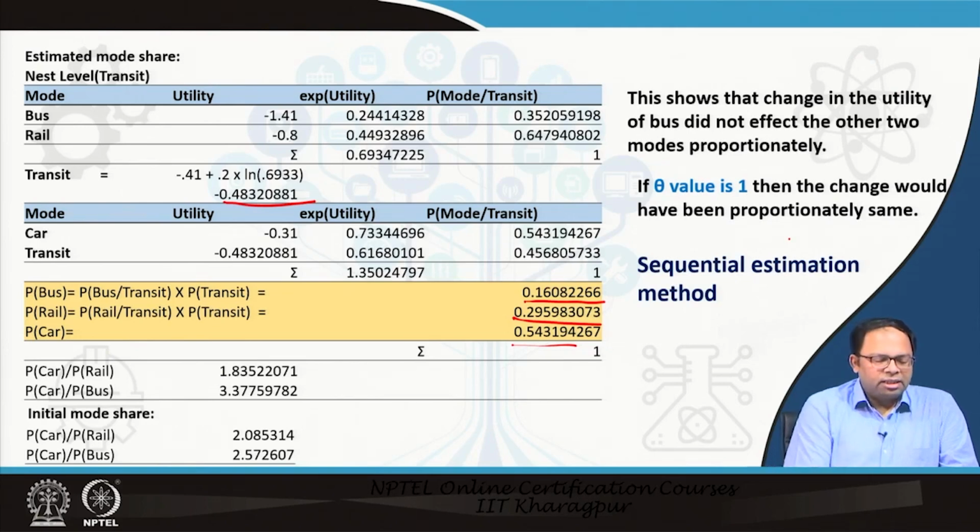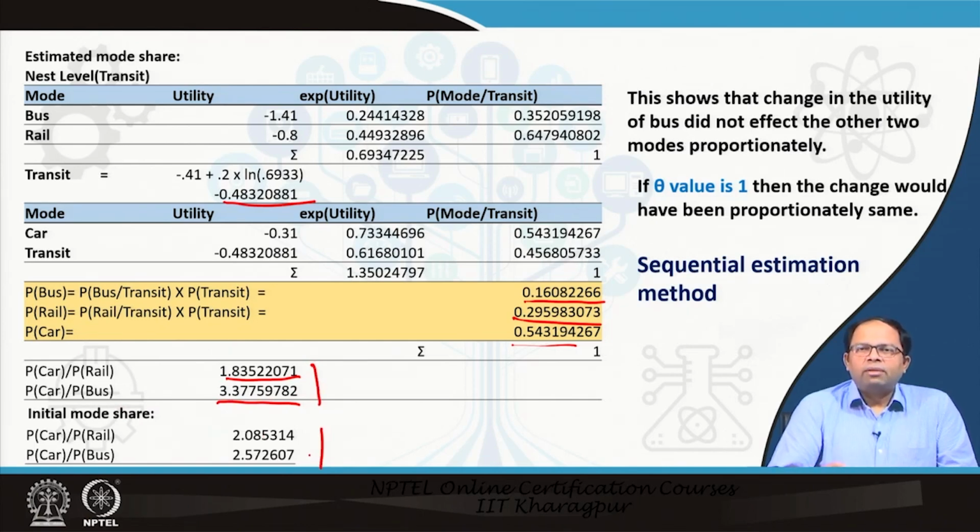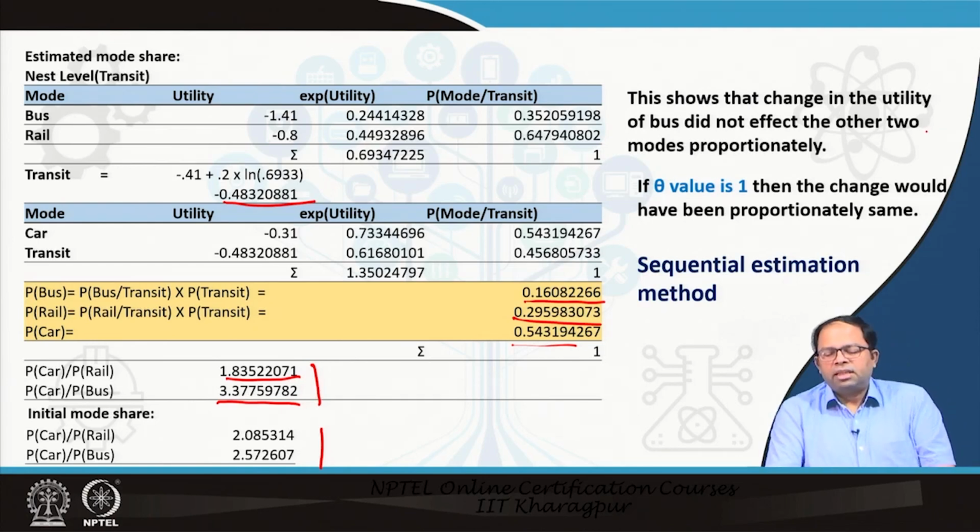Now the probability of car by probability of rail is 1.83, and probability of car by probability of bus is 3.37. So, we can see that the ratios are not maintained, unlike the IIA property, where they were supposed to be the same. If it was an MNL model, we would have got the same ratios. This shows that the change in the utility of bus did not affect the other two modes proportionately.